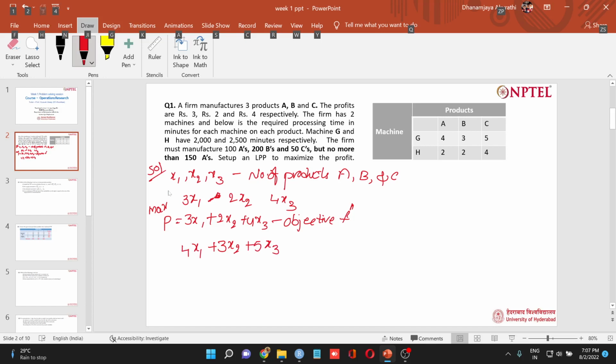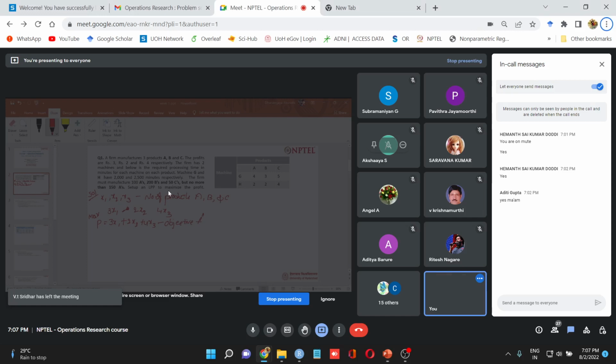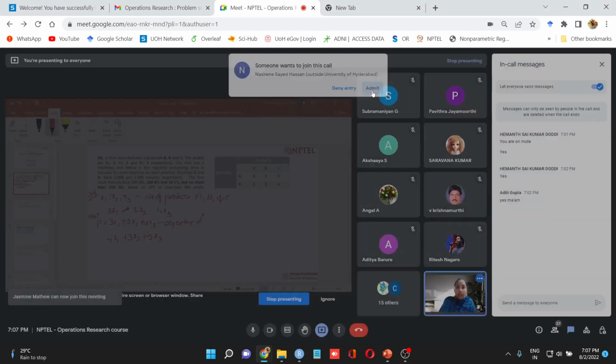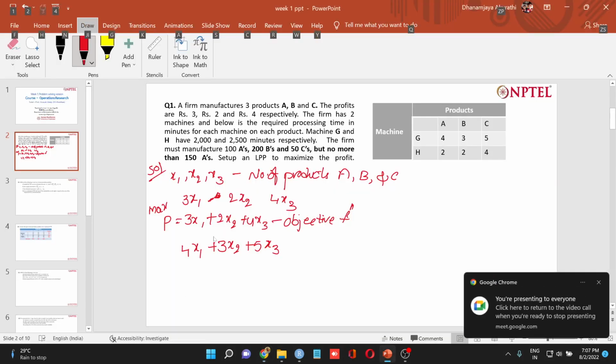Clearly they mentioned that machines G and H have maximum limits of 2000 and 2500 minutes.